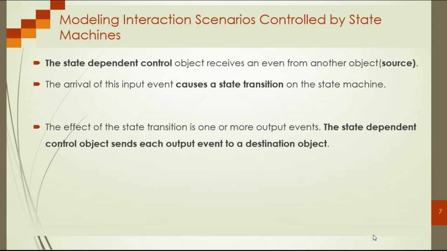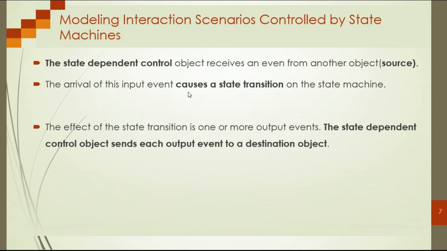First, the state dependent control object in the state dependent model receives an event from another object, which is the source. Okay, so the arrival of these input events causes a transition. That means there is something that will happen on the other side, which is in the state machine.